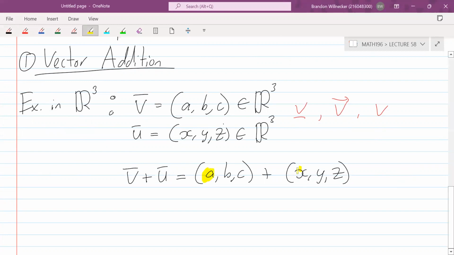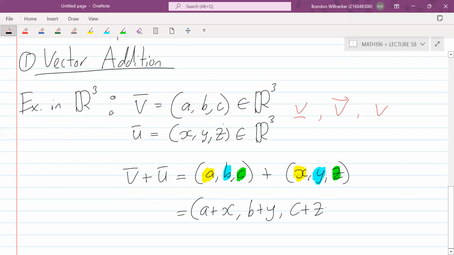The first element with the first element, the second with the second, the third with the third, and we end up with another vector, another 3-tuple: (A plus X, B plus Y, C plus Z). You see how we just added them component-wise. That's how we define addition for these vectors.